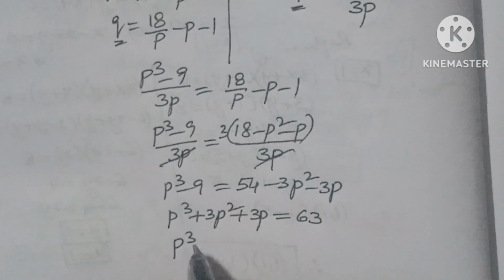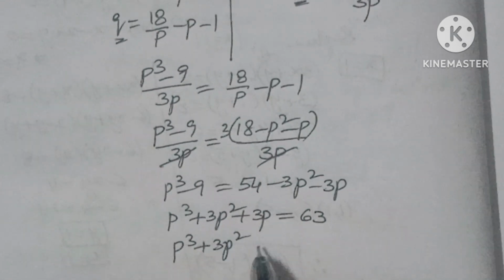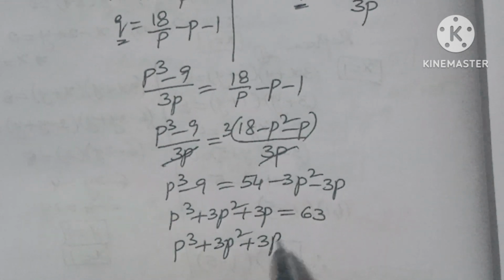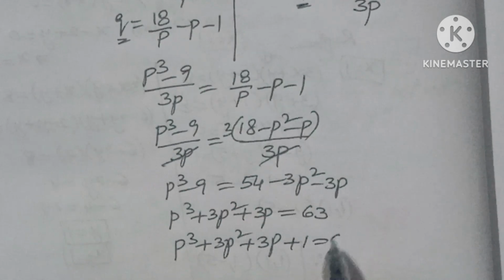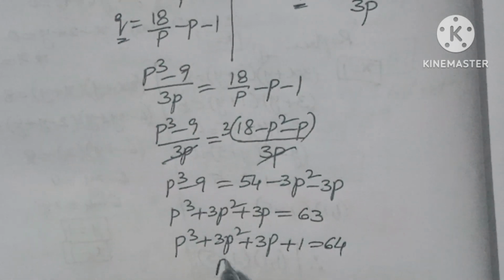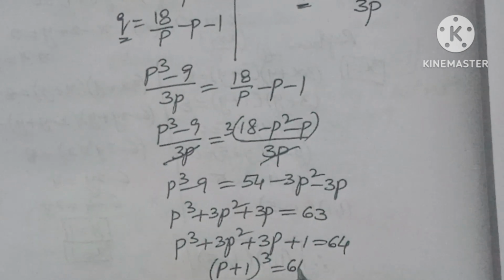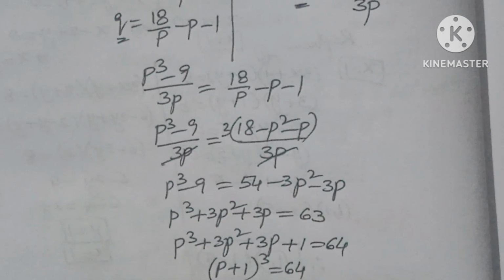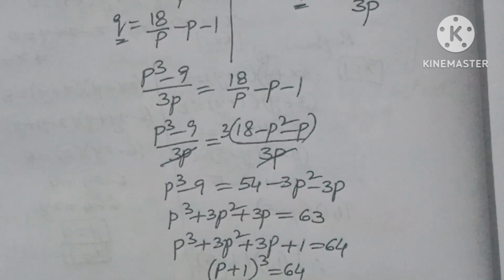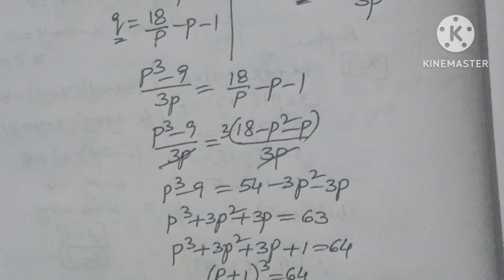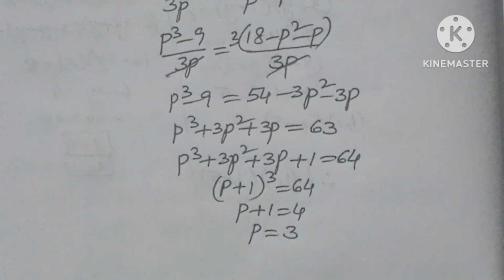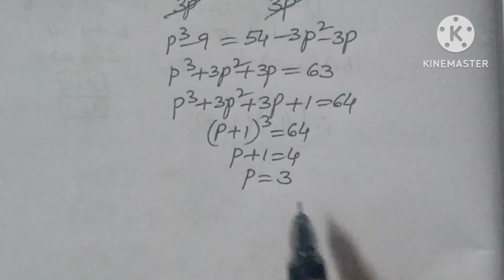This can be written as P³ + 3P² + 3P + 1 = 250, so (P + 1)³ = 250. Then P + 1 = 4 and P value is 3.